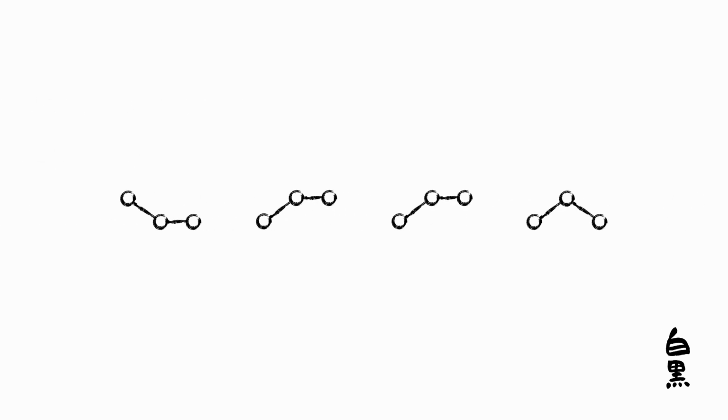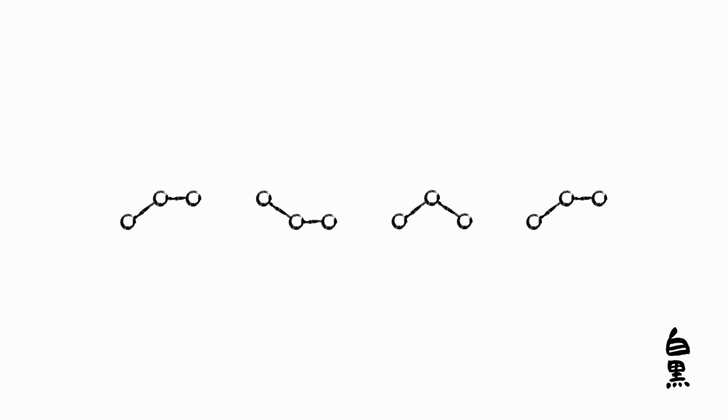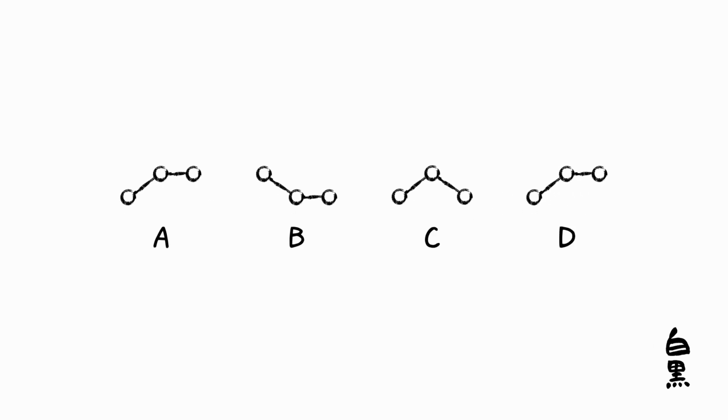Okay, the patterns. To make things easier, let's change the order a bit and label them A, B, C, and D. You'll see why this is helpful later on. There are a few ways to look at pitch accent patterns, but I find the most effective method is to ask 2 simple questions. Does the pitch drop at all?